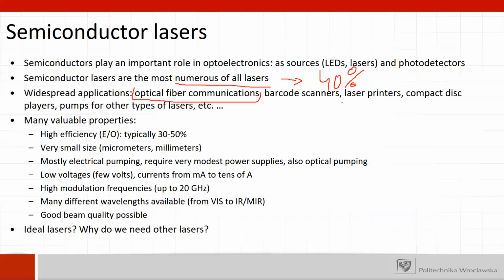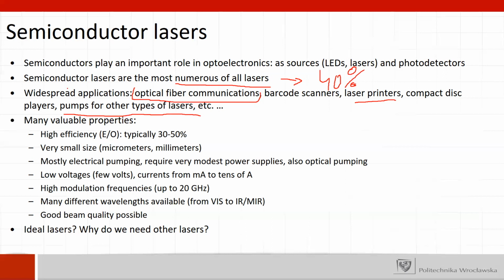We have barcode scanners, printers, CD players, DVD players, Blu-ray players, and so on. They are also used as pumps for other types of lasers. So when you see somewhere a fiber laser or a solid state laser, then it will use a semiconductor laser as a pump. So every fiber laser in the world, and we have millions of them probably, will need at least one semiconductor laser.